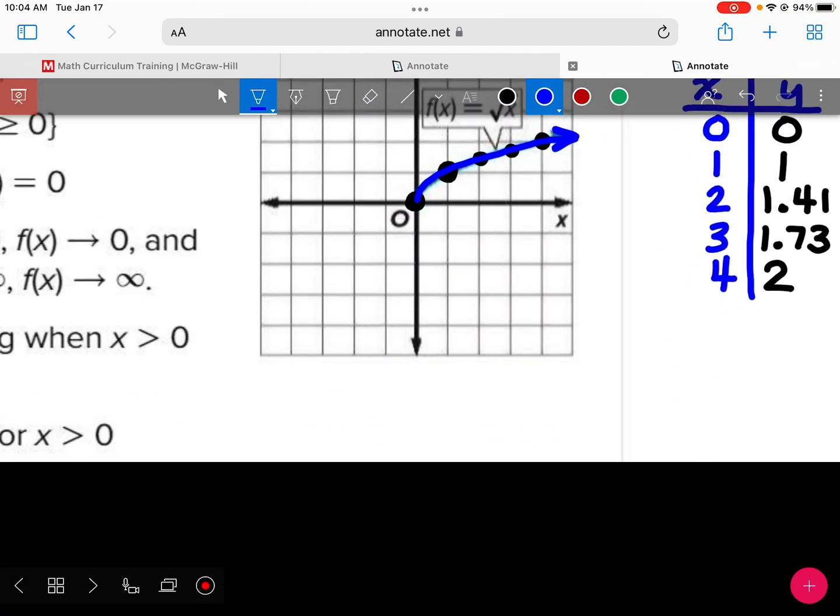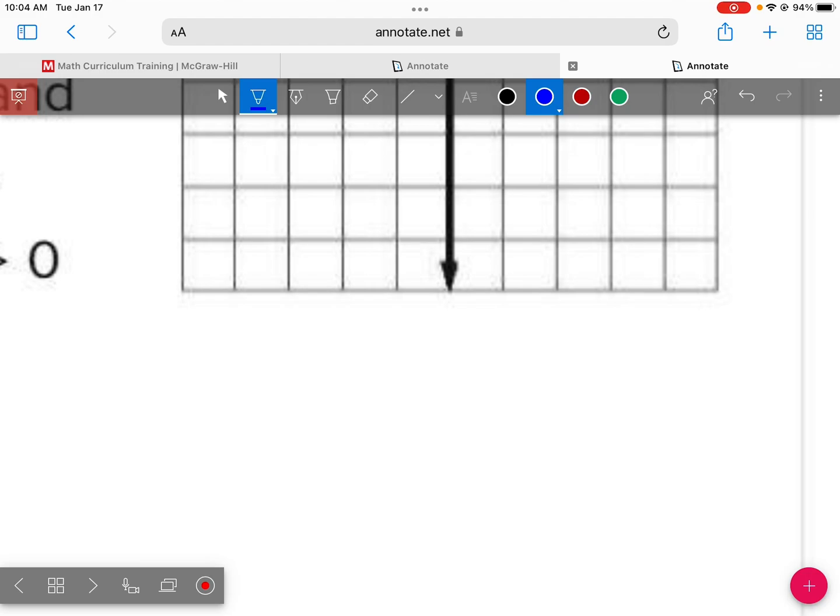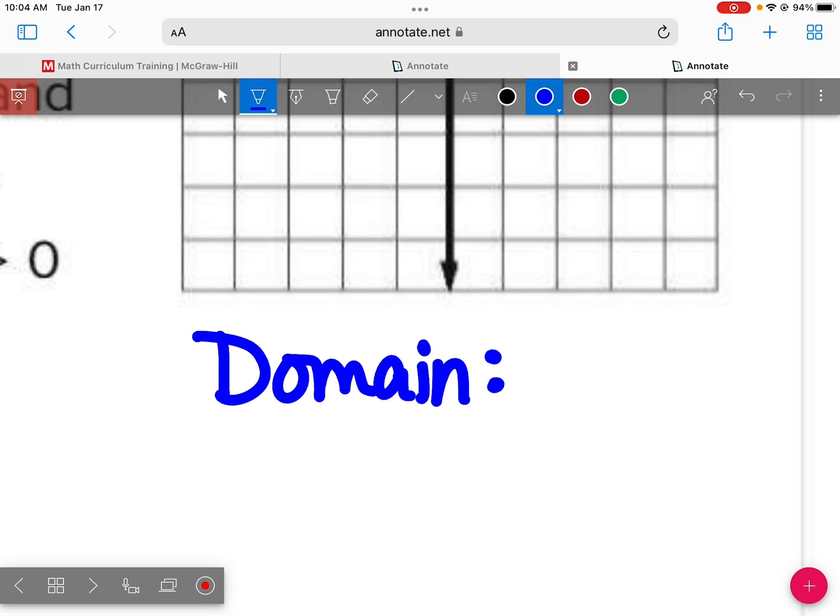Let's talk about our domain and range for this, and then we're going to go look at an example where it's not just the parent function, but we're going to be comparing our graphs to the parent function, so I want to know what this one looks like also. My domain, things that I am allowed to use for x. Did we have any restrictions on x, or were we allowed to use anything we wanted?